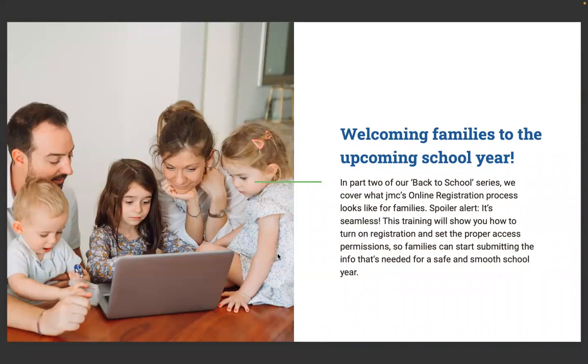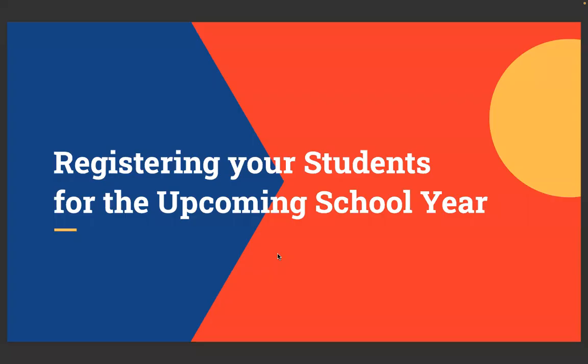It's pretty simple as the process goes. As long as the proper permissions are set, your families can start submitting that info in a safe and smooth way, so that in part 3 you can import or process those family submissions and your data is up to date in JMC.